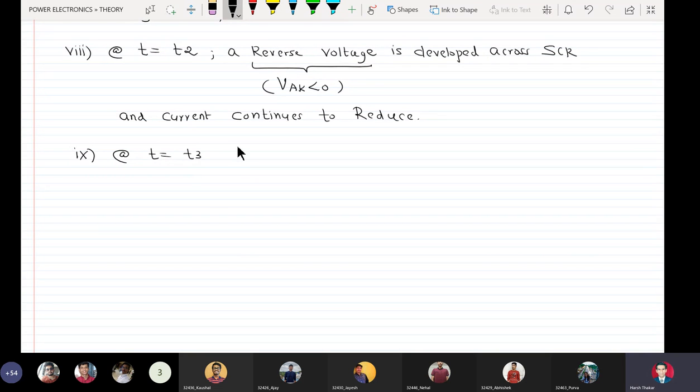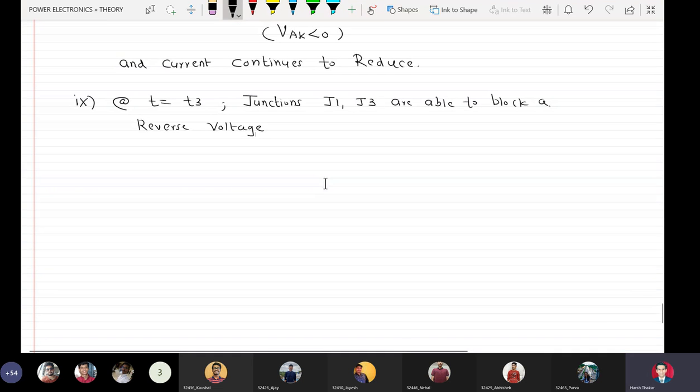At t equal to t3, the SCR junctions J1, J3 are able to block a reverse voltage.